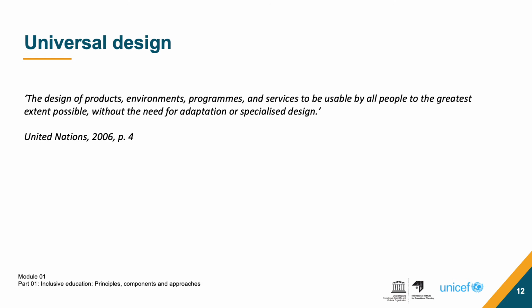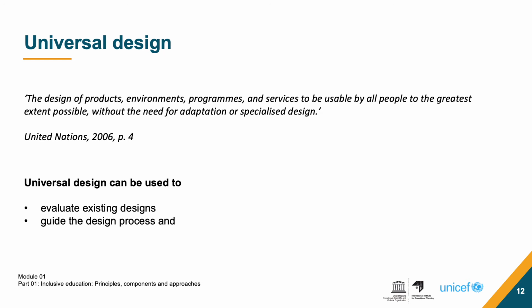The concept aims to increase functionality and be applicable to everyone's needs, regardless of age, size, or ability. Whether for school buildings, public walkways, or physical appliances, universal design can be used to evaluate existing designs, guide the design process, and educate designers and users about the characteristics of more usable products and environments.